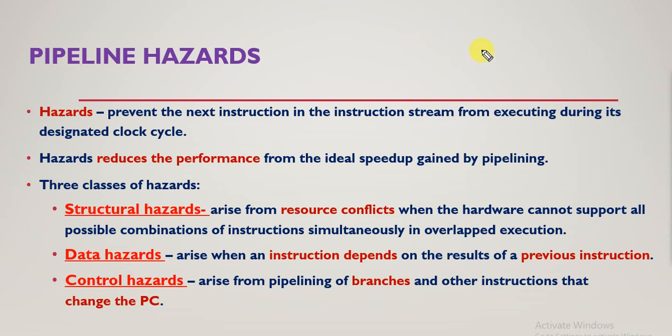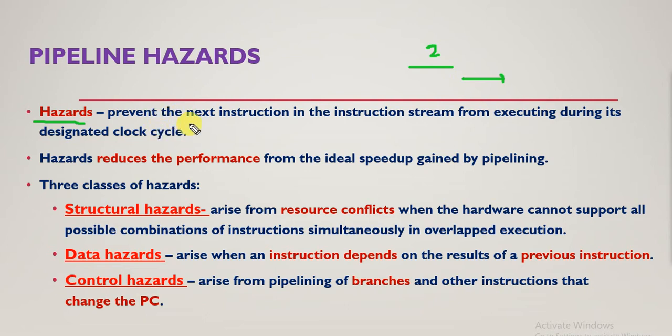So what do we mean by a hazard? A hazard prevents the next instruction in the instruction stream from executing during its designated clock cycle. So one task is designated for a particular clock cycle, but it is not happening, it is delayed for some reason.